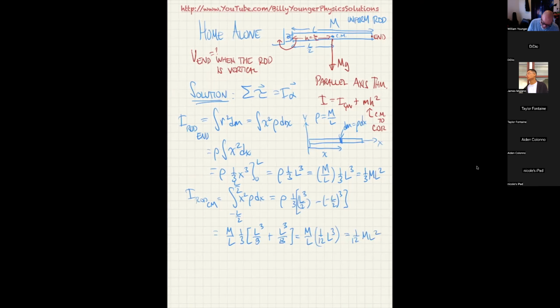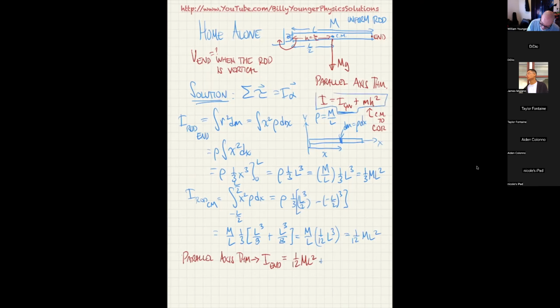So the parallel axis theorem implies that I about the end should equal 1/12 mL squared, because that's the moment of inertia about the center of mass.